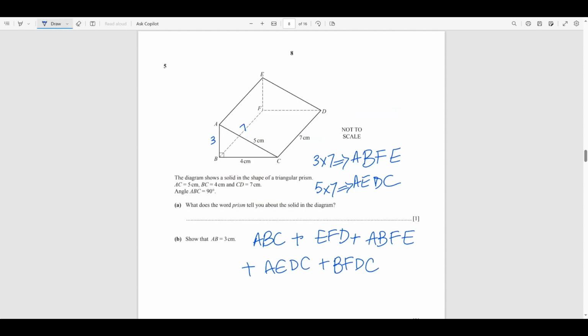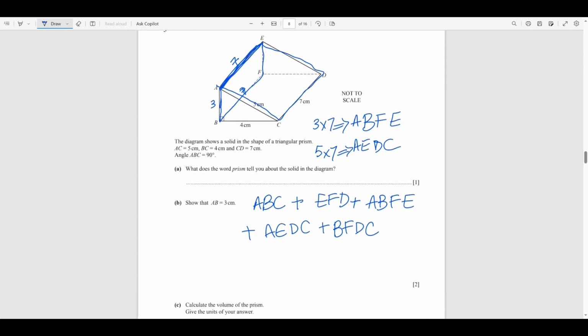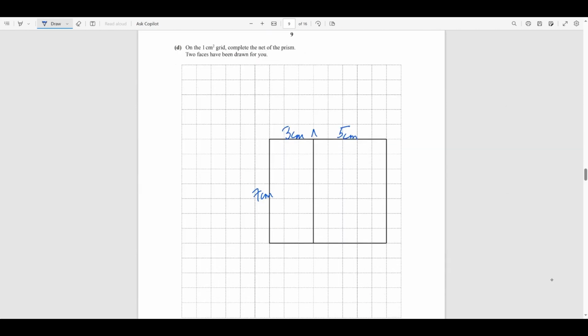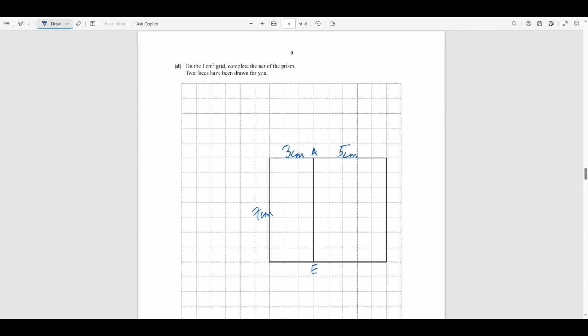All right. So when we talk about the net, there are two things that have been made already. One is this, and the other is this face. So these two are connected. If this is 7, this also is 7, which means the common line between the two is this 7, which is AE. So we have identified that this is A and this is E.